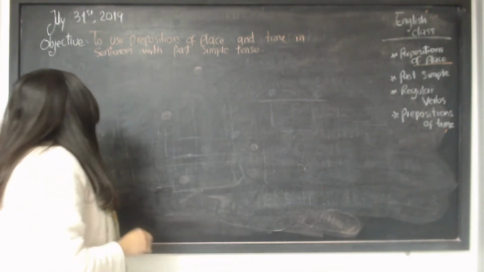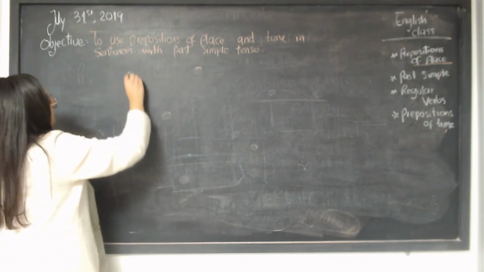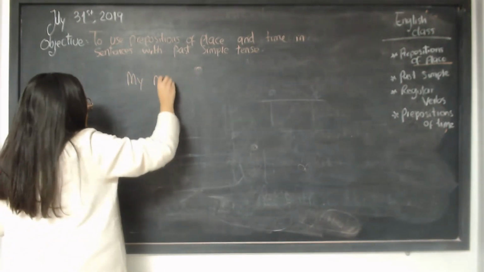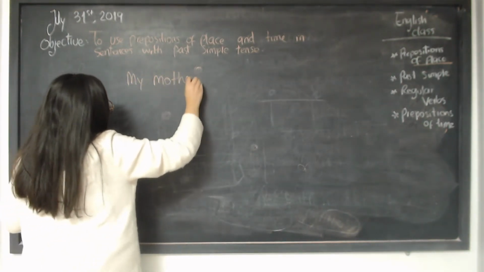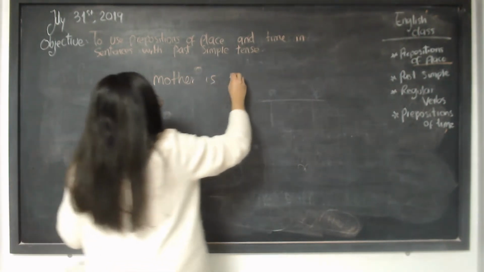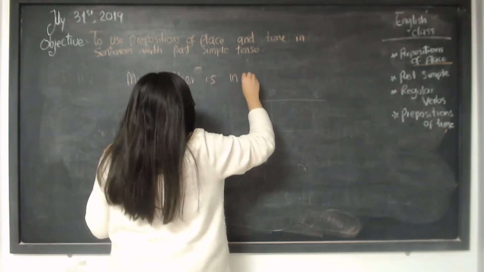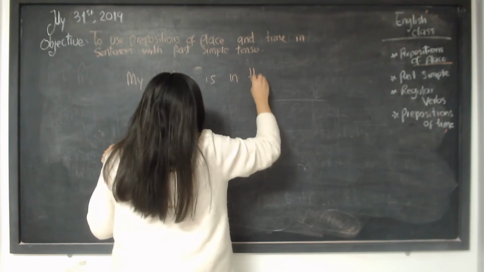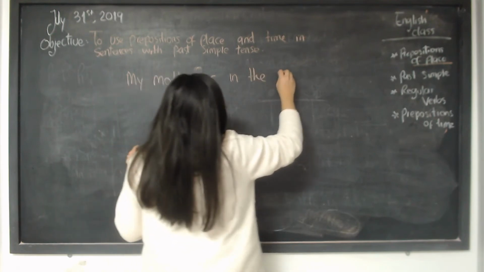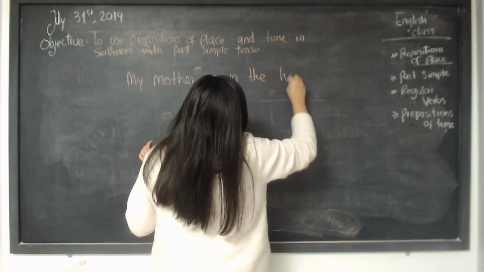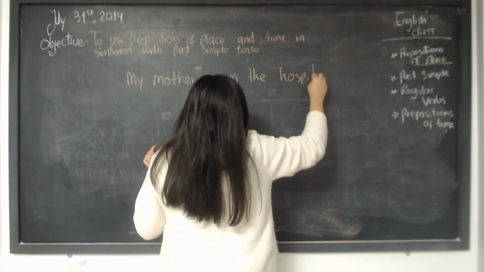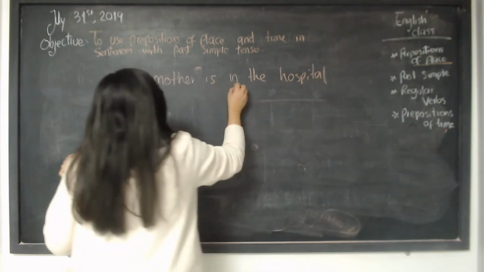So I can say, for example, my mother. Prepositions of place, this one.